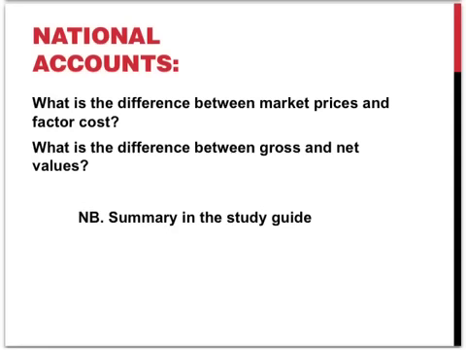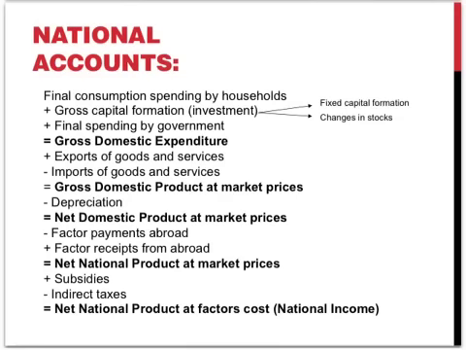There are two key differences that you need to take into account. The difference between market prices and factor costs, and the differences between gross and net values. Please take note that there is also a good summary of the national accounts available in the study guide. So let's have a look at those differences. You move from gross domestic product at market prices to net domestic product by subtracting depreciation.